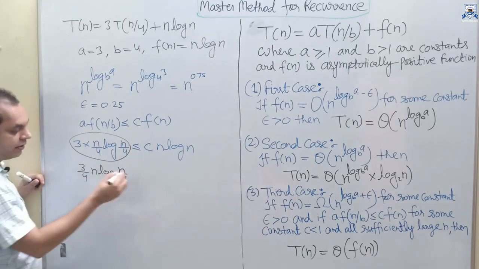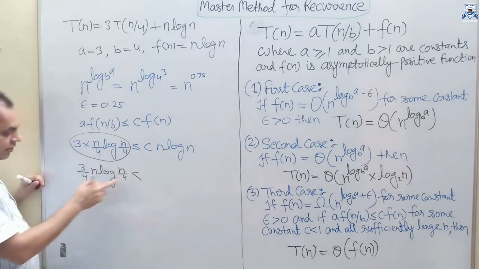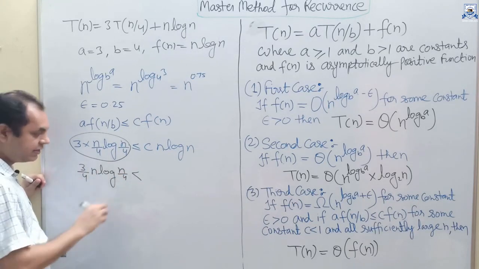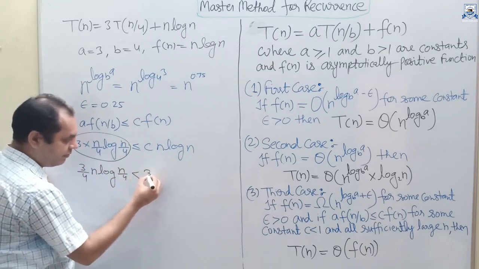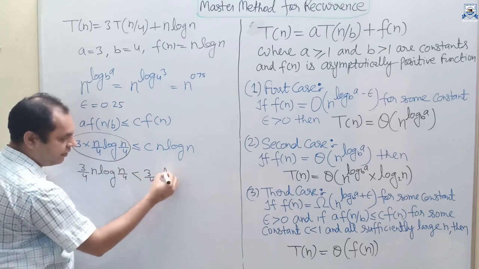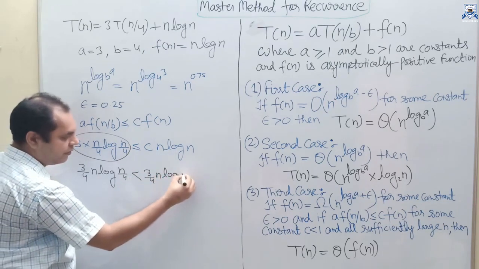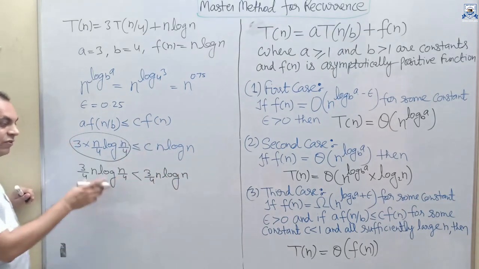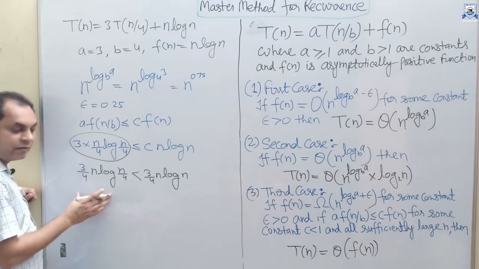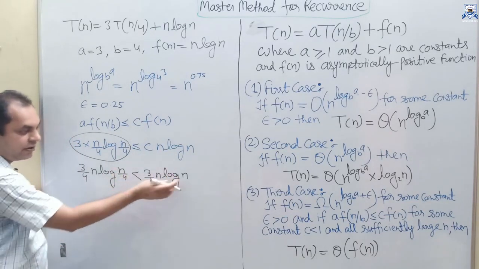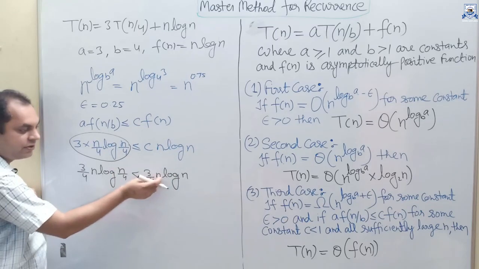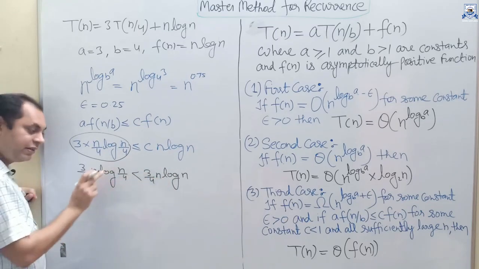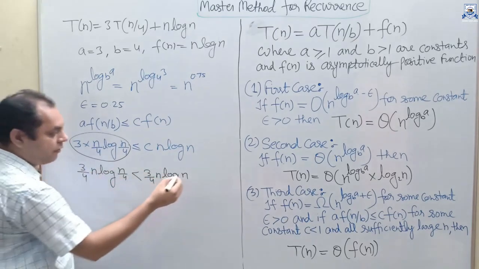Now I can claim that this quantity is always less than 3/4 n log n for all values of n, because it is n/4 on one side and simply n on the other, so this quantity is always greater than this quantity.